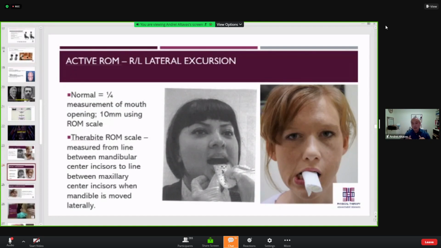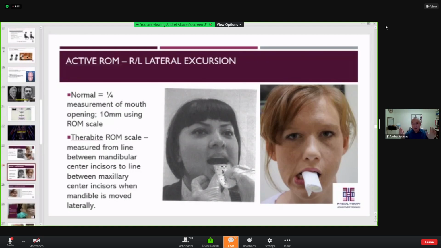So what I usually do here, aside from measuring, is have the patient roll up a piece of gauze and bite into it, because you basically want to have your mouth slightly open, and then measure. You technically can't measure lateral excursion with your mouth wide open.